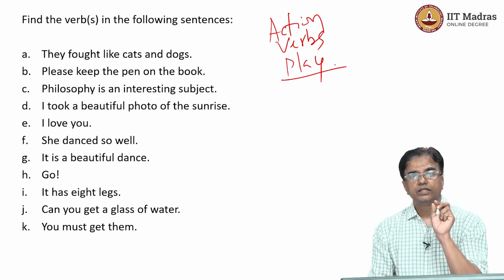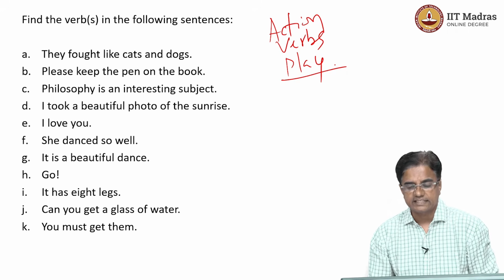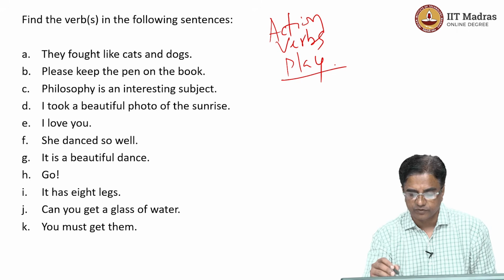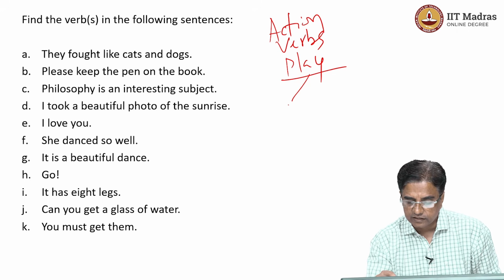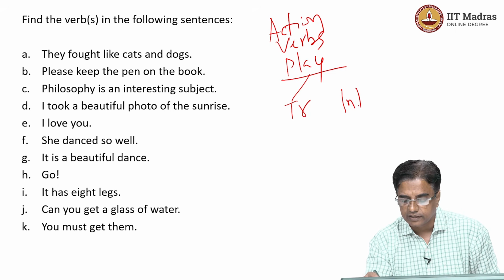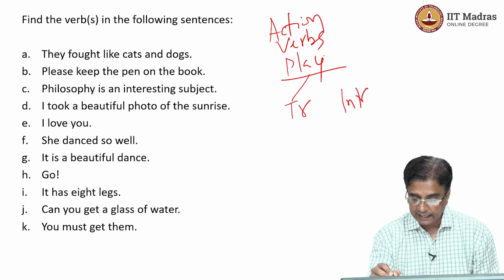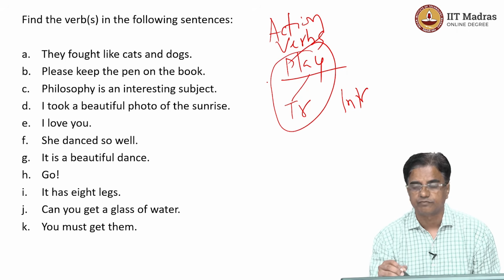We see action verbs are also of two types. According to the nature of those action verbs, some of them are transitive and some of them are intransitive. Play is an example of a transitive verb.